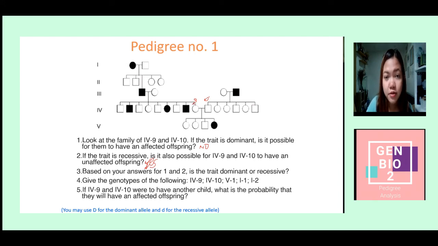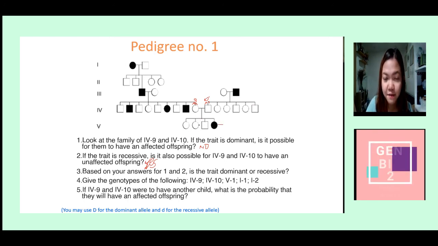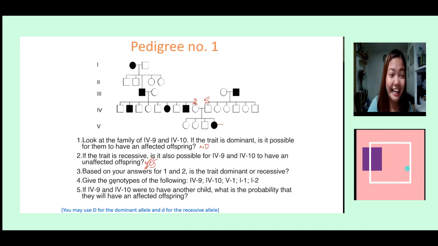Kasi we could assume that they both are heterozygotes. So they don't have the trait, but they are just carriers. That's why when you cross them, 25% getting affected and 75% getting unaffected offspring. Go guys! Nakakalito pa.